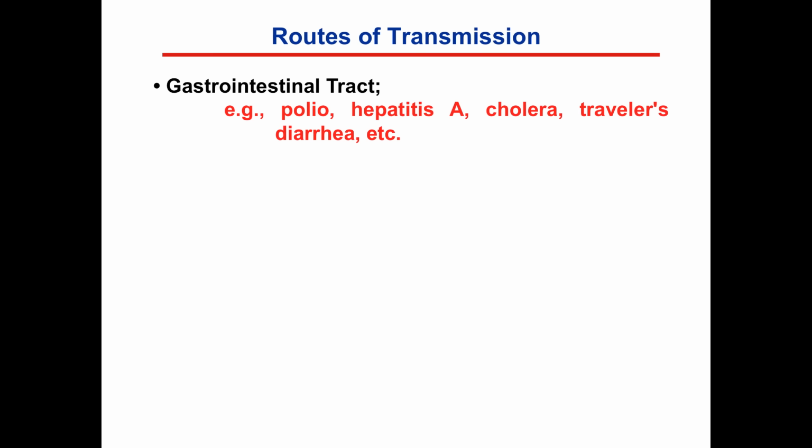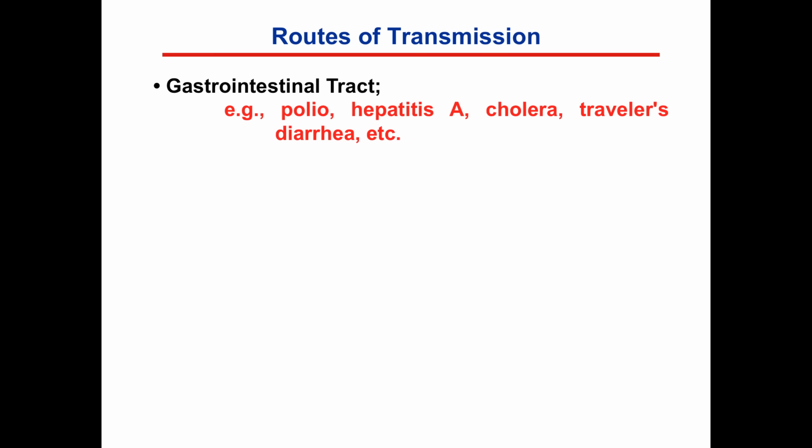And so let's take a look at those. The gastrointestinal tract. The types of infectious agents that particularly like to be transmitted or taken up by the GI tract are polio, hepatitis A, cholera, traveler's diarrhea. Really, anything that can be consumed. In fact, hepatitis A is probably more common than people might think.